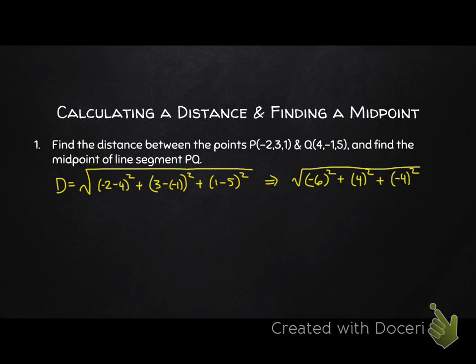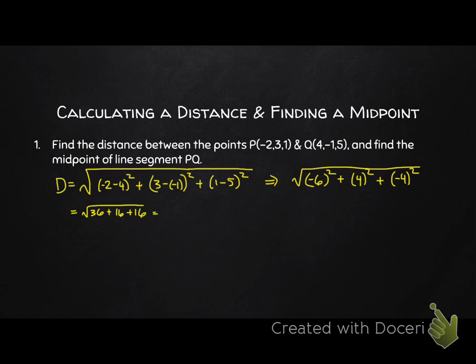Simplifying a little further, 6 times 6 is 36, and because the negative is inside the square, it cancels out, plus 16 plus 16.